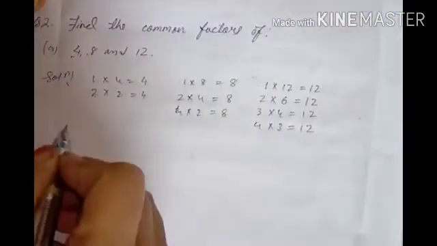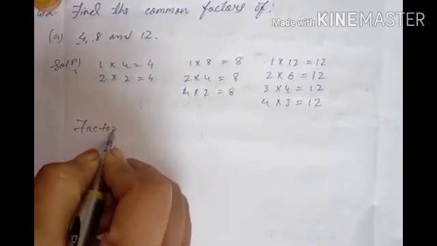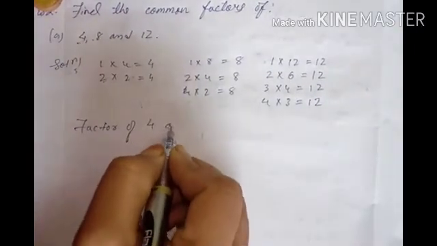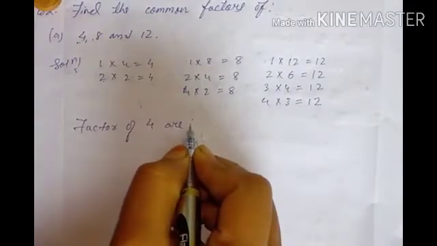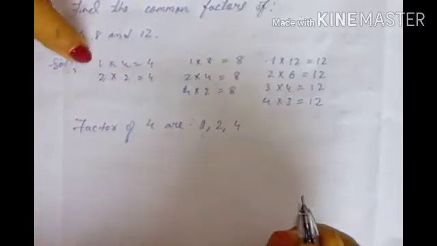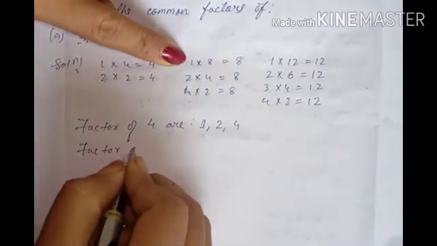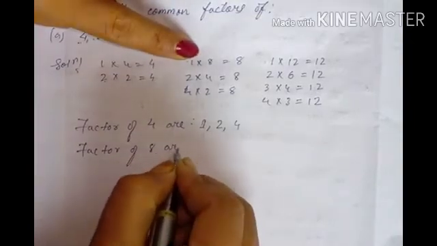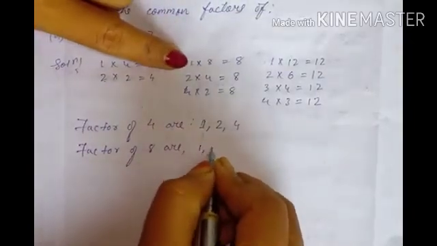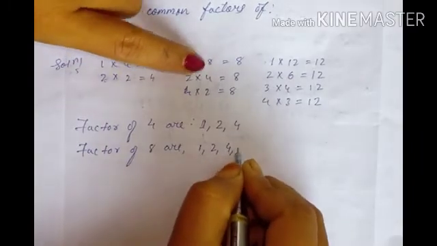So from here you can write the factors like this. Factors of 4 are 1, 2 and 4. Factors of 8: 1, 2, 4, and 2 and 4 are already written, what is remaining? 8.